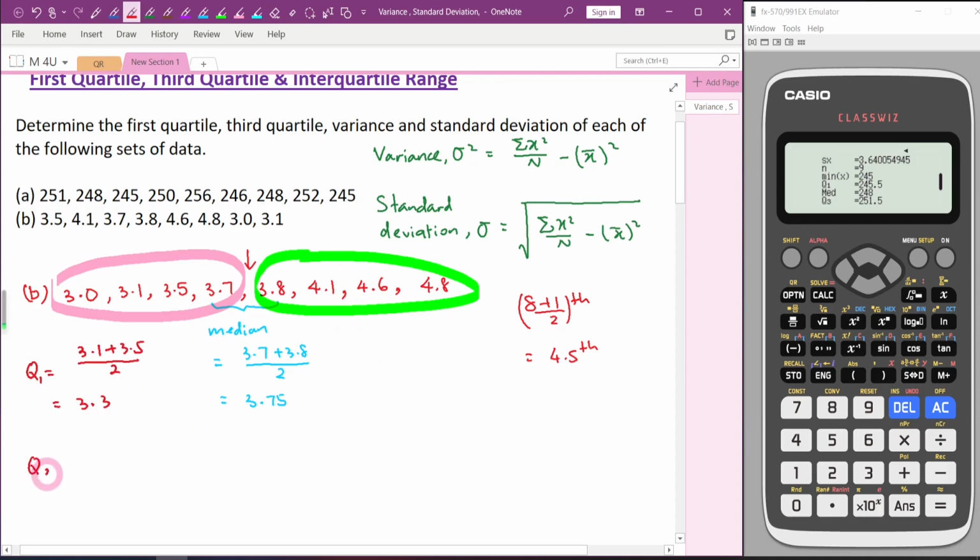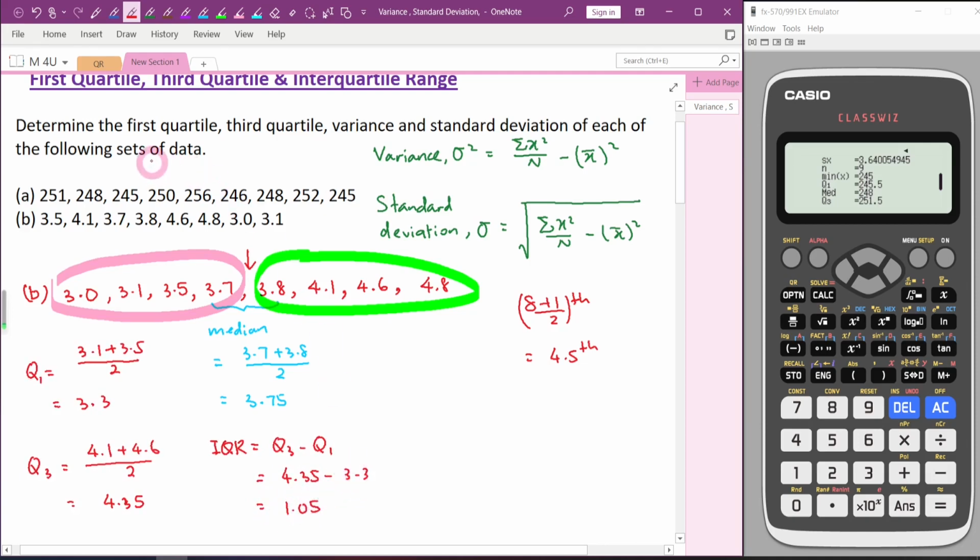If you want to get the third quartile, 4.1 plus 4.6 divided by 2, 4.35. So the interquartile range is equal to third quartile minus the first quartile, 4.35 minus 3.3. So the answer is 1.05.